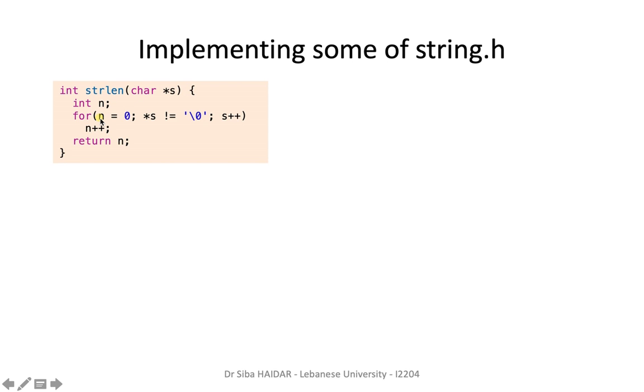It initializes a counter to 0, and while dereferenced s is not the terminating character, you increment the counter. When s points to the null character, the counter will not count this letter, so strlen returns the number of letters in a string without the terminating character.